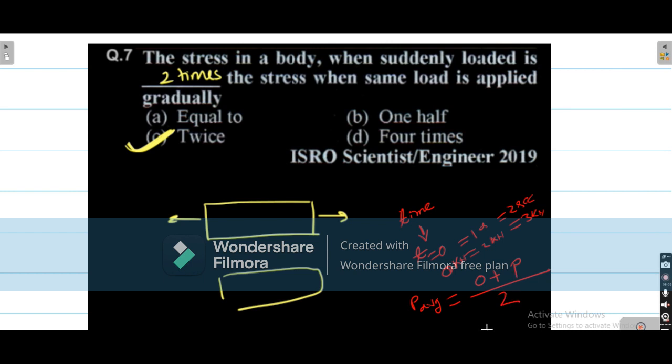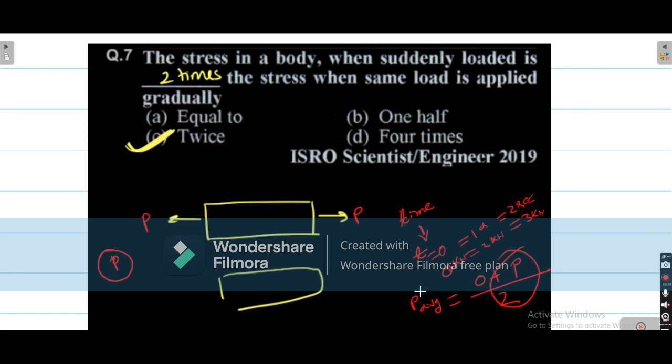That means when we apply gradual load, we take P by 2 in the calculation. Whereas sudden means instantaneous, a huge load or impact load is applied. That means we instantly apply a load P. Then in the stress calculation we take P itself. That means for gradual load it is P by 2 and for sudden load it is P.